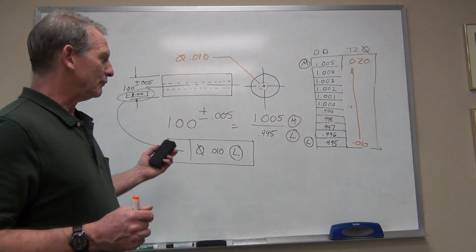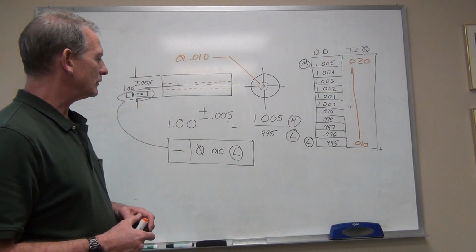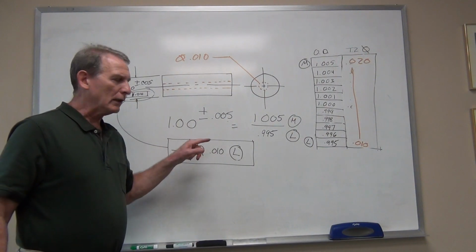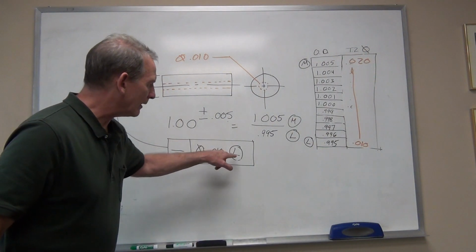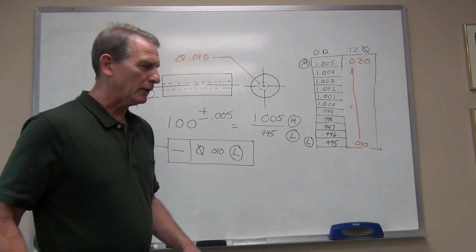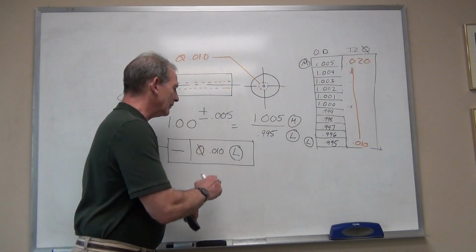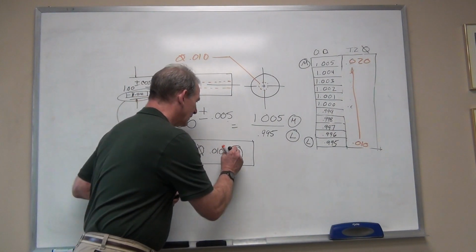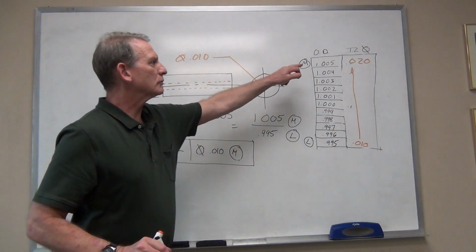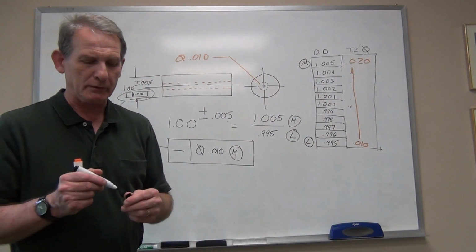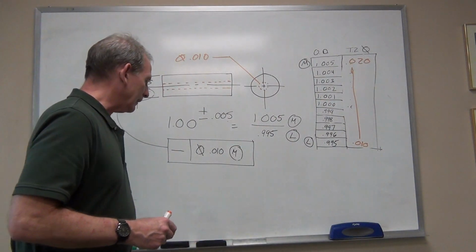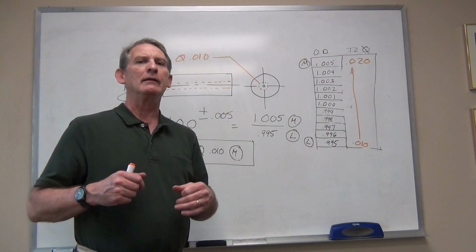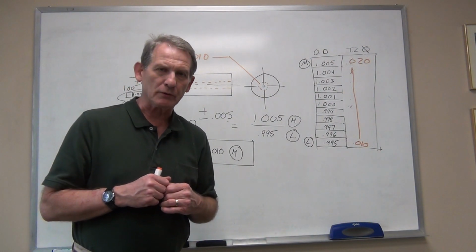But if you do, you understand the logic is that this tolerance zone applies only when the feature is at whatever condition is noted there. In this case, least, you get 10 thousandths. If it's a max, you get 10 thousandths when the feature is at maximum material condition. So it's a dynamic adjustment of the tolerance zone based on how much material is in that feature.